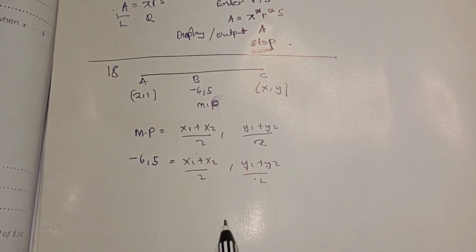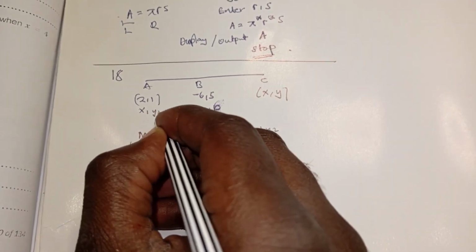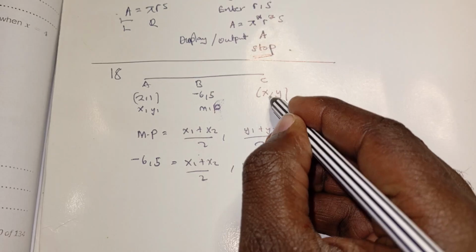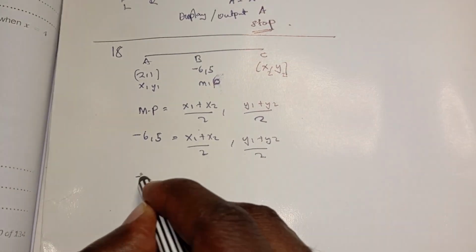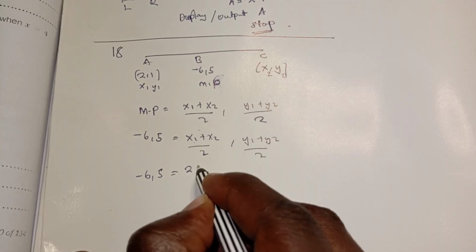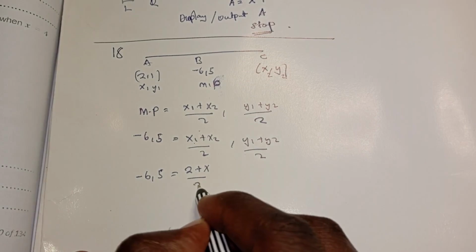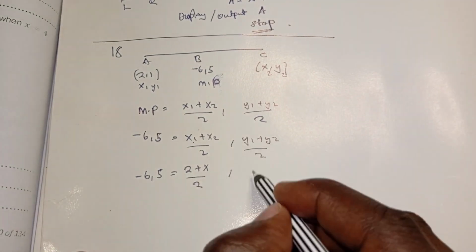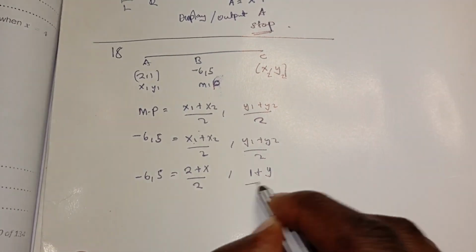Okay, so now we are going to say this will be x1 and y1, and here this will be x2 and y2. So we're going to say negative 6 comma 5 equals: x1 is 2 plus x2, we're just going to put x, over 2, comma, y1 is 1 plus y2, we don't have it, so we're just going to put y, over 2.